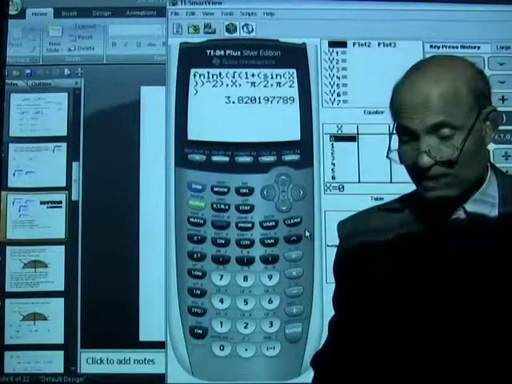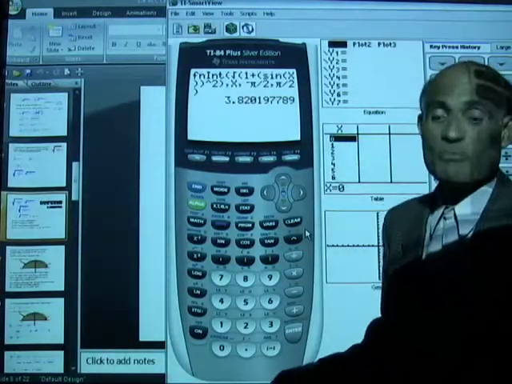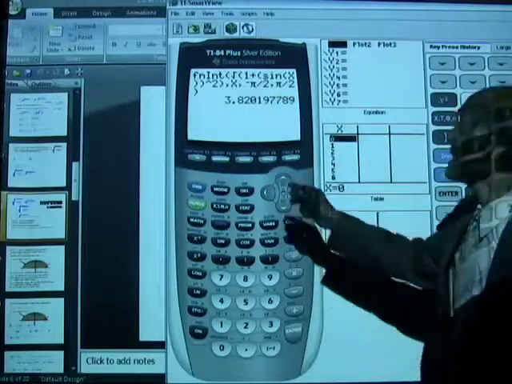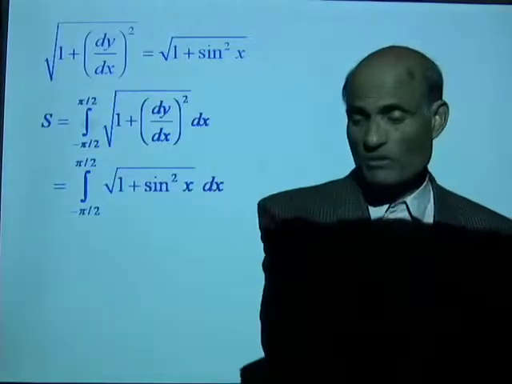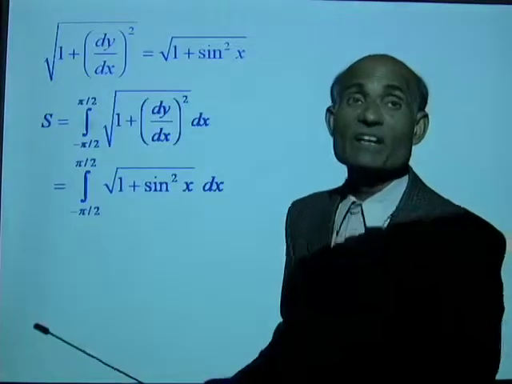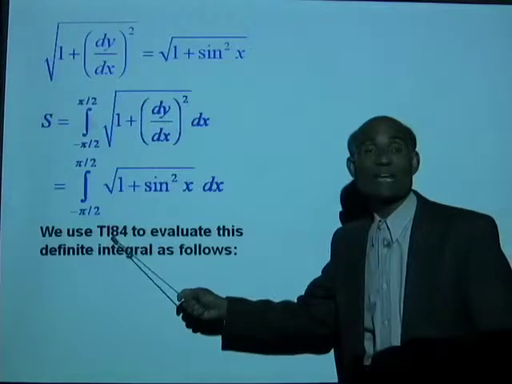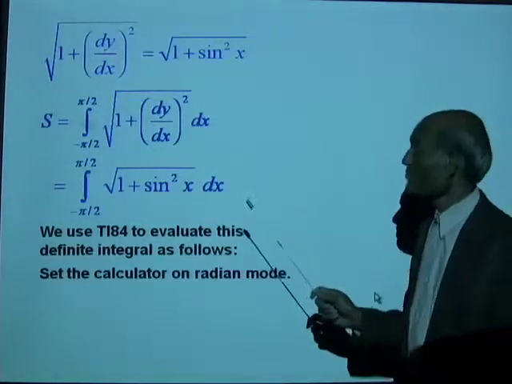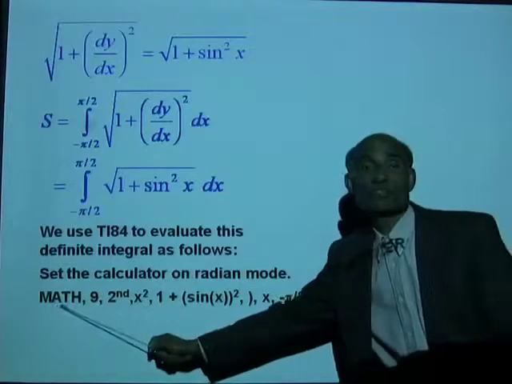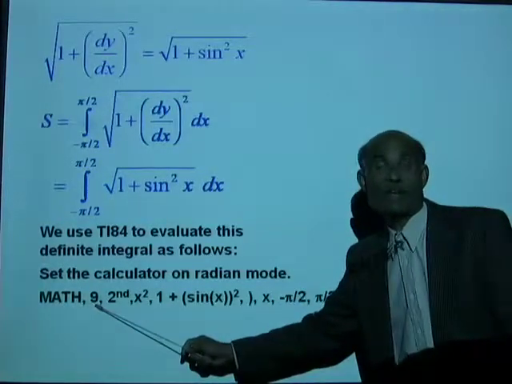That means the length of the arc of the cosine function from negative pi by 2 to pi by 2 is actually 3.82. Well, we have now evaluated the definite integral using the TI-84. As I said, you could also use the TI-83 and use these keystrokes. Press math, then number 9.